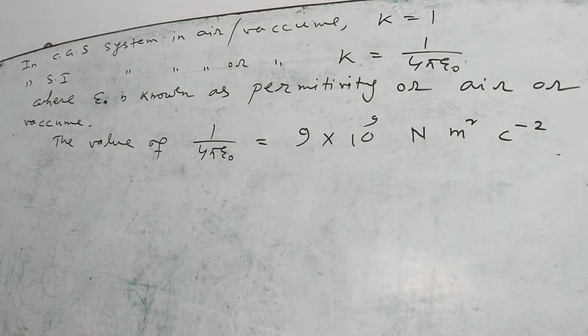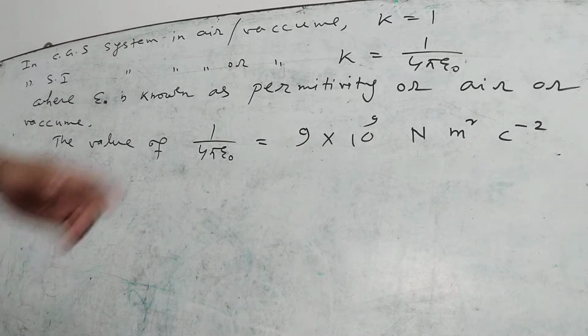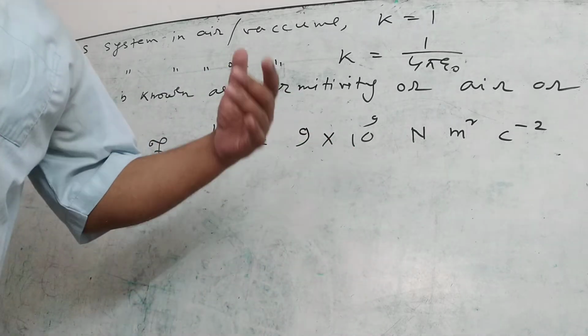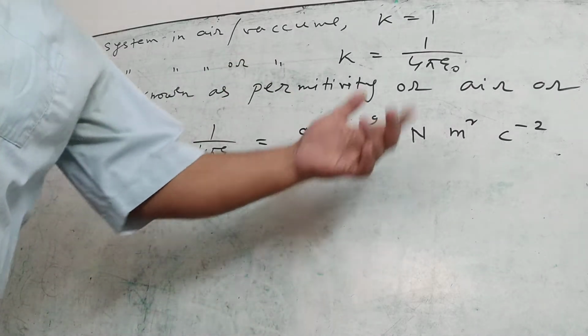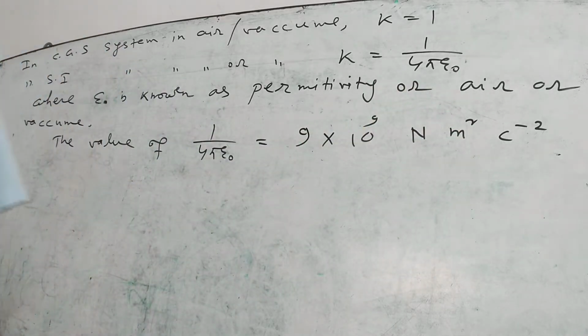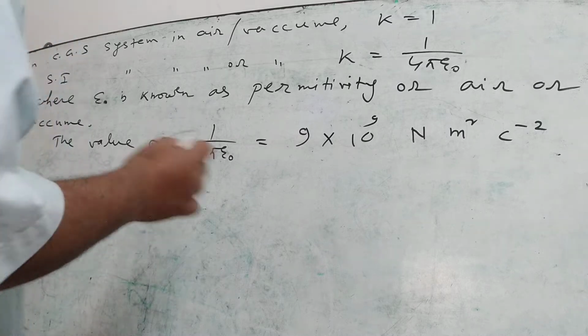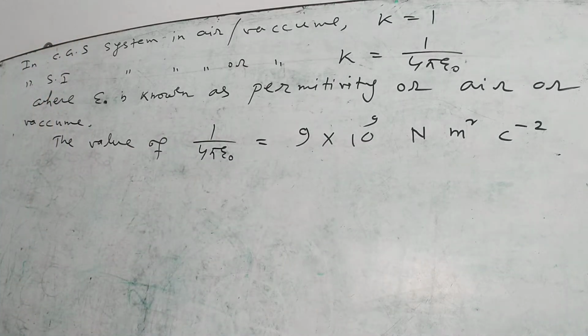We know that the unit of force in the SI system is Newton and the unit of charge in the SI system is Coulomb. On the other hand, the unit of charge in the CGS system is stat Coulomb.